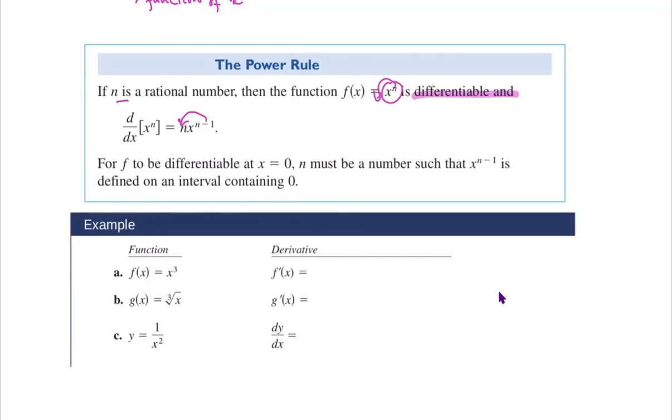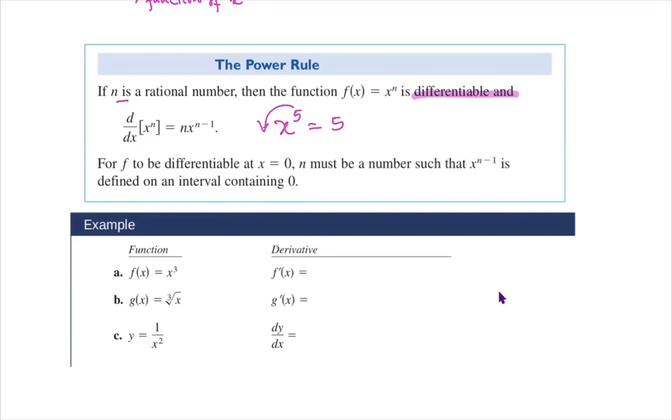Let me give you a quick example of that. Because when I give you n, x, and n minus 1, that's crazy, right? So based on the power rule, if I'm looking for the derivative of x to the power 5, what should I do? That is going to be bringing down the 5.